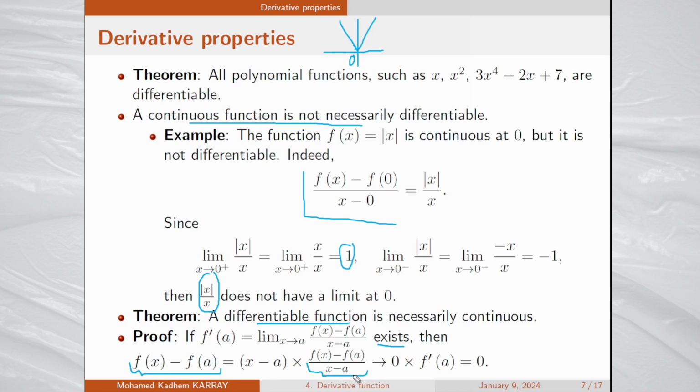But the rate of change converges to f prime of a, whereas this term here goes to 0. So the product will go to 0. Then the limit of f of x equals f of a when x converges to a, and this shows that the function is continuous at point a.